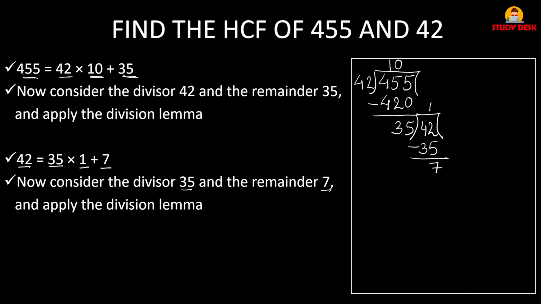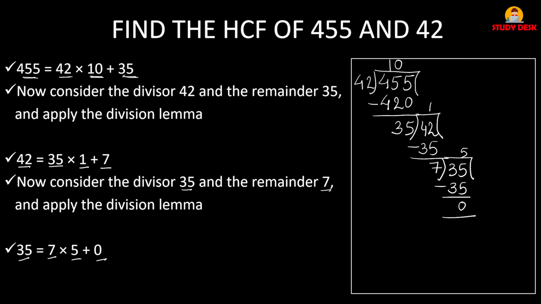So, while applying that, 7 will be our new divisor and 35 will be our new dividend. 7 5s are 35. Now, at this step, we got the remainder as 0. So, according to Euclid's division lemma, we will write the statement as 35 is equal to 7 into 5 plus 0.